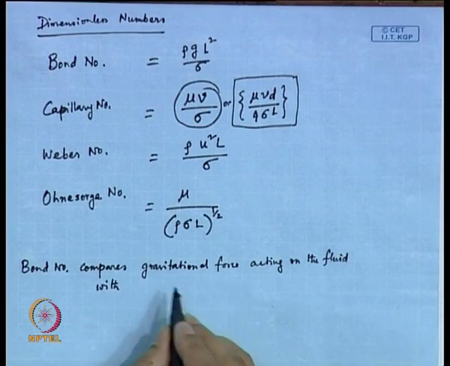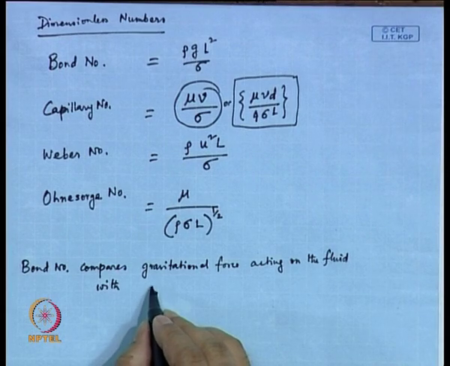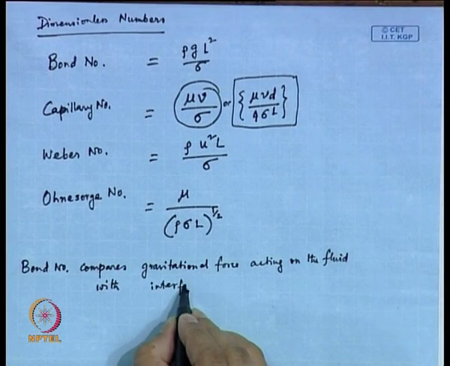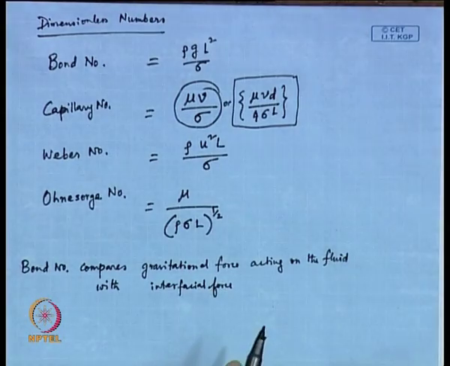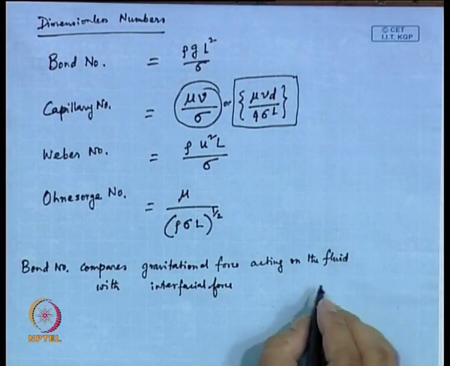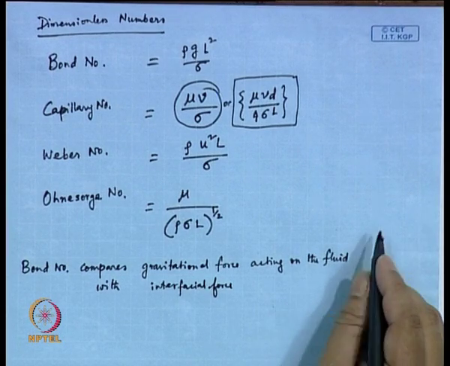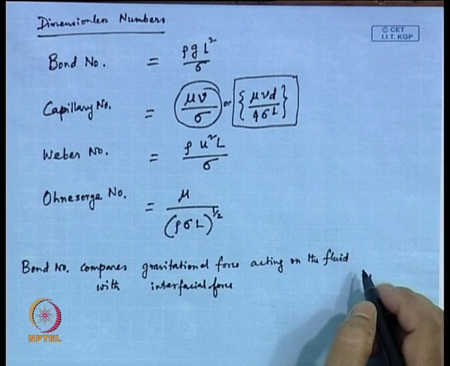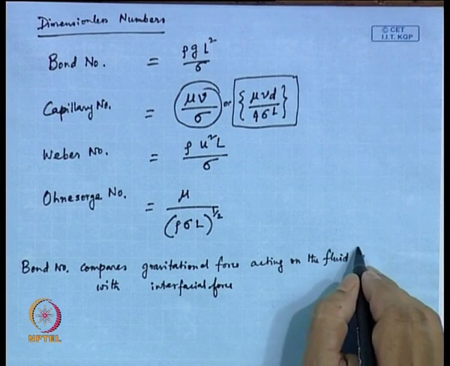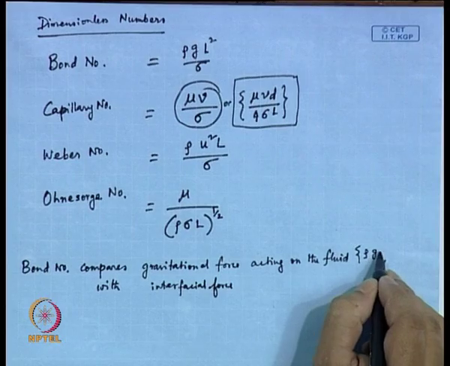So, with interfacial force. The way this is conceptualized is that the gravitational force would dimensionally be rho g L cube. This would be rho g L cube.